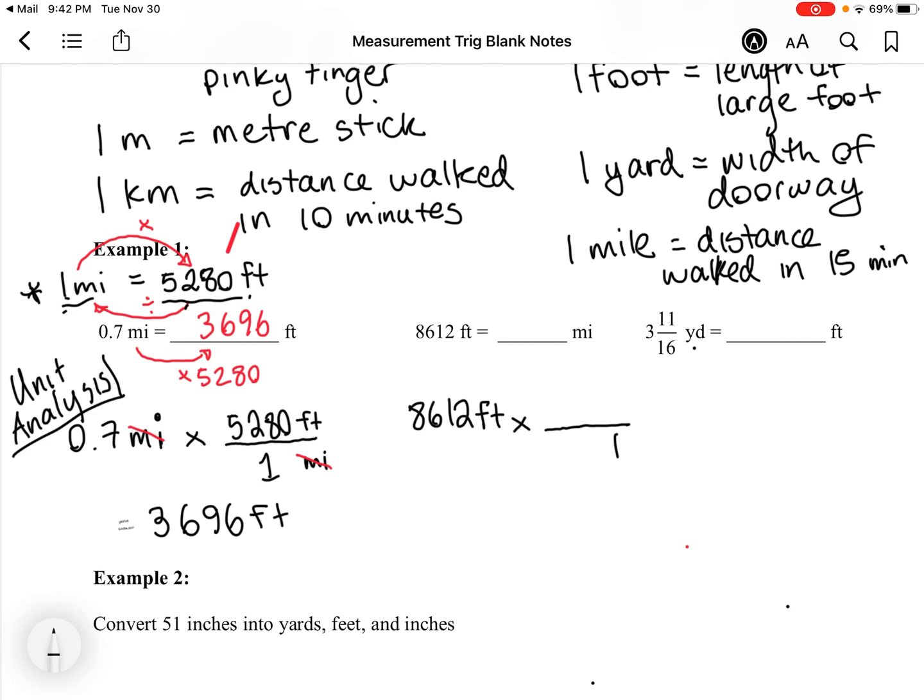The old units are feet, and the new units, which is what we want, miles, go in the numerator. So if I look at my conversion factor, the 1 mile is in the numerator, and the 5,280 feet is in the denominator.